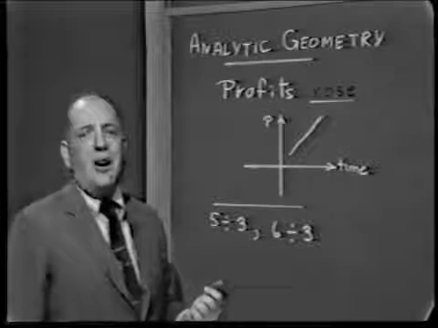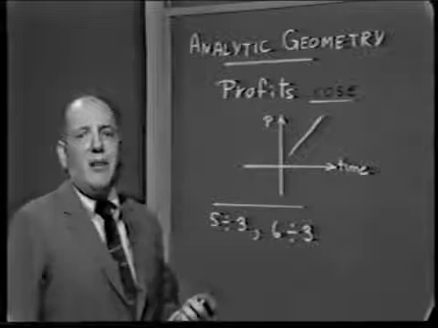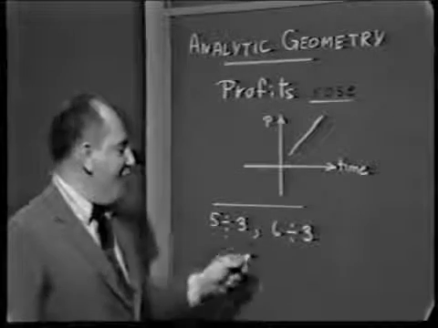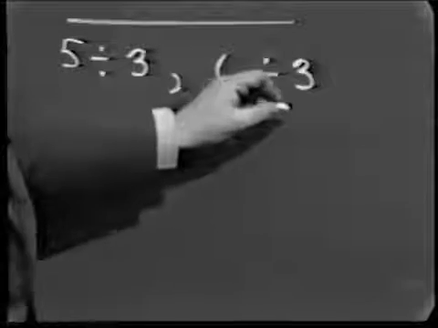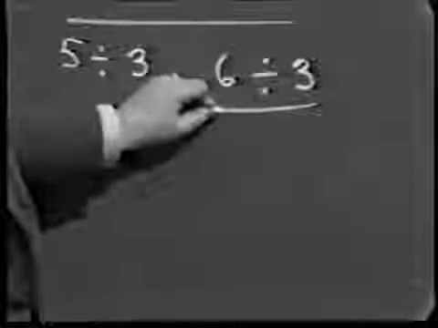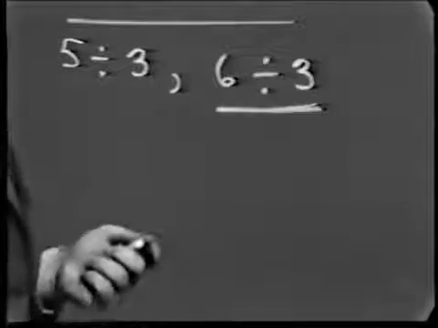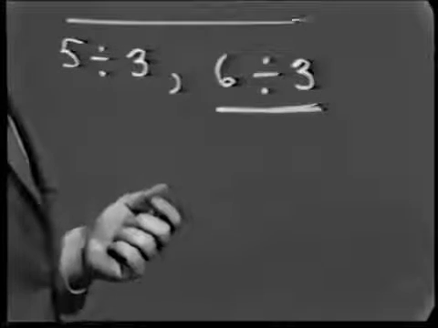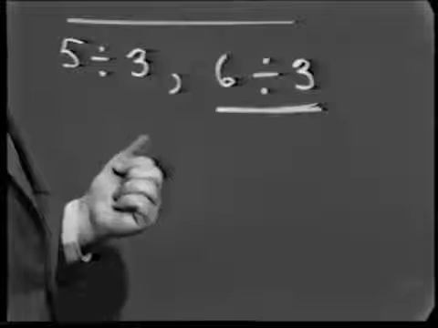As a case in point, consider the problem of 5 divided by 3 versus 6 divided by 3. I remember when I was in grade school that this particular problem always seemed more appealing to me than this problem. That 6 divided by 3 seemed natural, but 5 divided by 3 didn't.